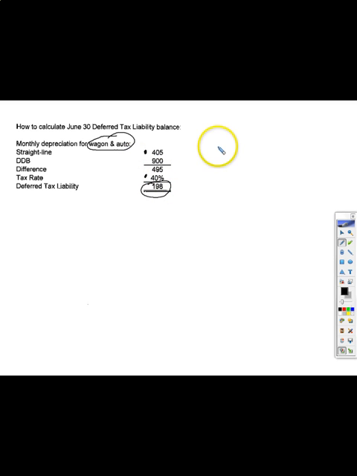I just want to show you when you do the T accounts for June MixMax, there now is going to be a deferred tax liability account. And in the month of June, that account went up $198. So when you make your journal entry for income tax expense, you'll get the dollar amount for income tax expense off the income statement.